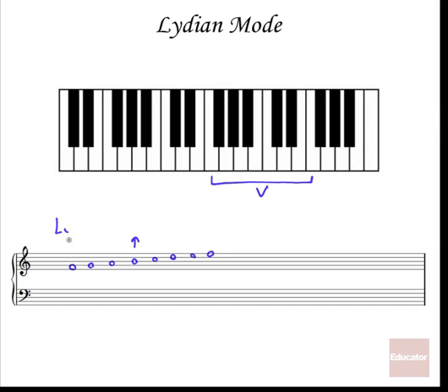So in the Lydian mode, we have a raised fourth, and the other half step is between the seventh and the tonic, so that's fine, and everything else is the same. So just one note to alter here.